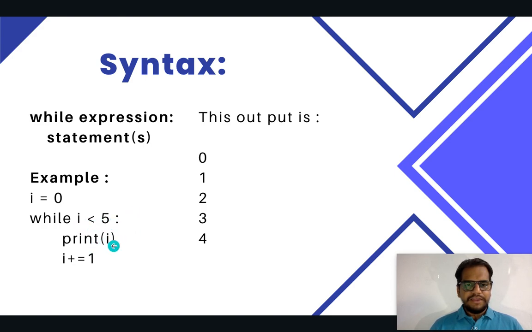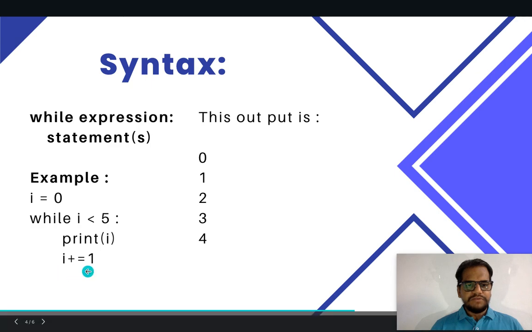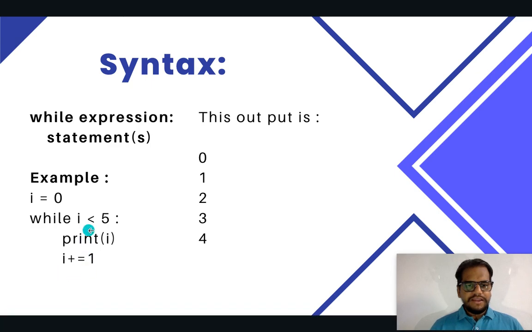So print i means we get the value 1, because we already stored that. Then we come to i += 1 again. I is already 1 and we add 1 again, so it becomes 2. Then i < 5, meaning 2 < 5, is a true condition, so it goes to print i. So here it prints 2.